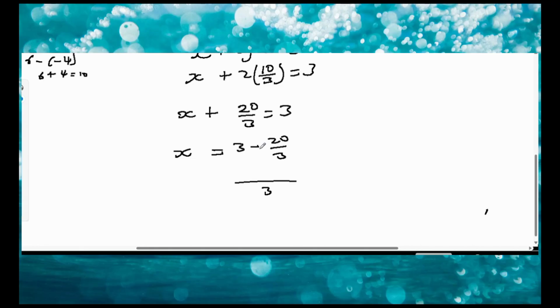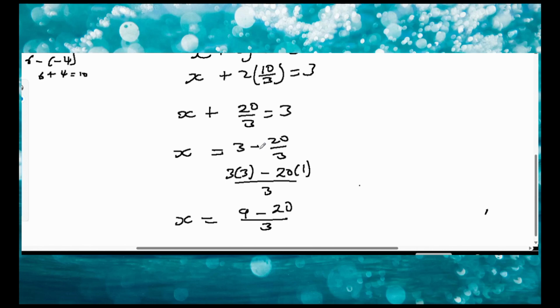1 goes into 3 how many times? 3. So you multiply that 3 by 3. Then 3 goes into 3 how many times? 1. So you multiply that 1 by 20. So our x is going to be 9 minus 20 all over 3.